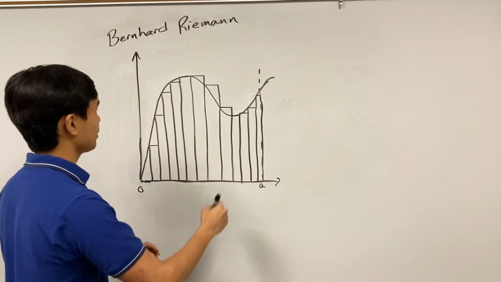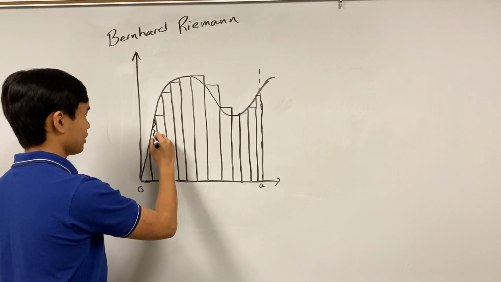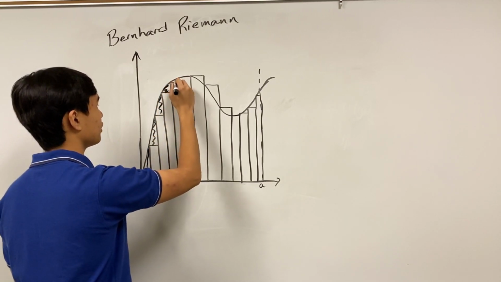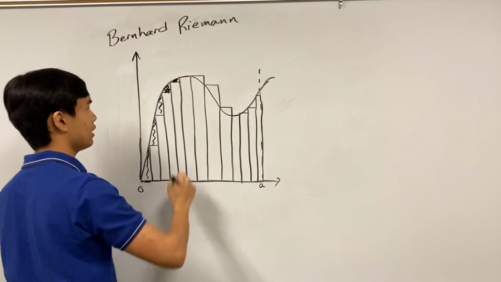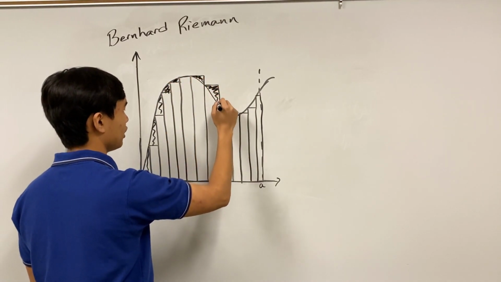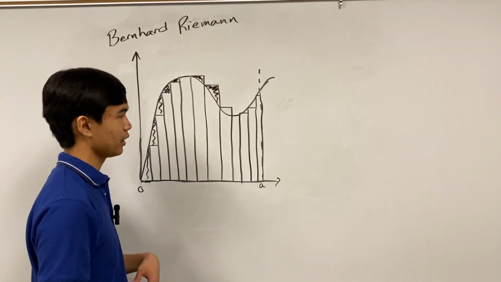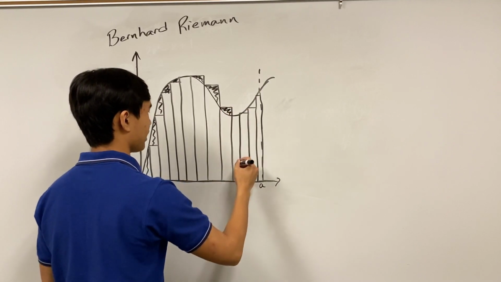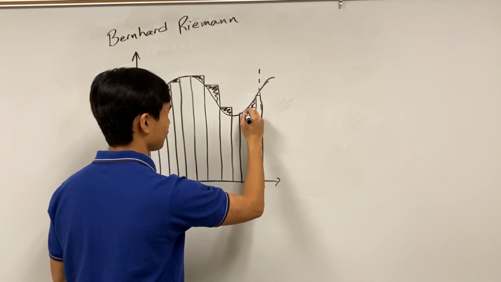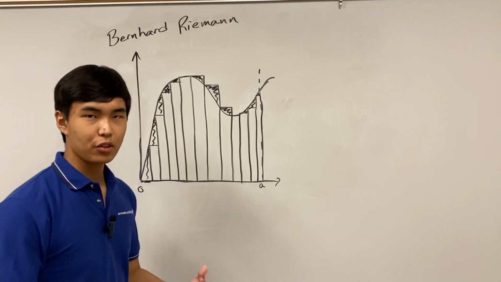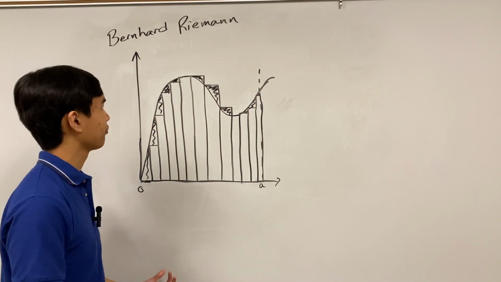But if you'll notice, there's some area that we missed here, here, here, like this. And there's some that we over approximated, like here, this is sticking above the graph, and we missed this, we missed this, and we missed this. So how can we make this better?